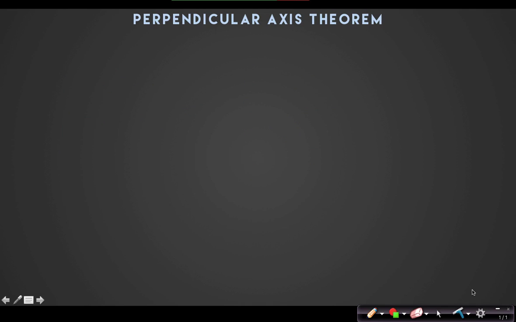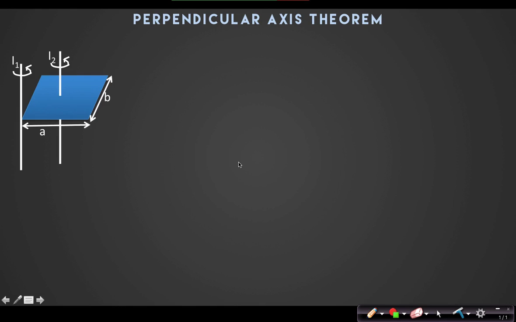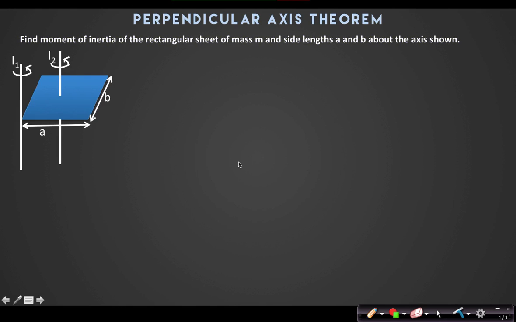Can you find the moment of inertia of that rectangular plate about the I1 and I2 axes that are shown in the figure? So for I2, is it M by 12 into b square plus a square?